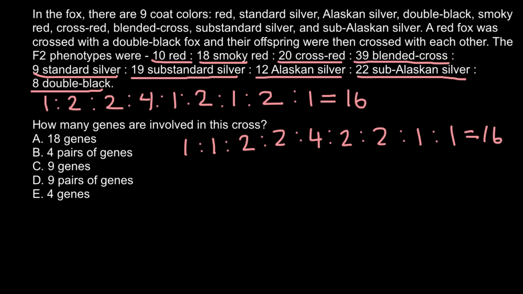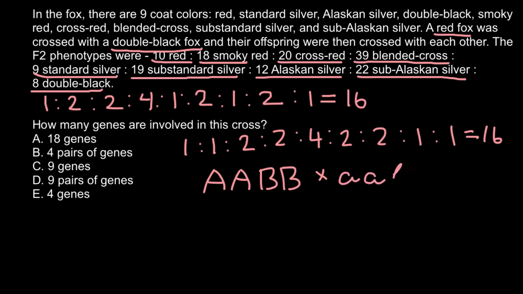And we were told that we cross one genotype that was, let me see, a red fox, so red, and I have a suggestion that the genotype would be capital A, capital B, and we cross it with another phenotype that is a double black fox, so the genotype can be small a, small b.